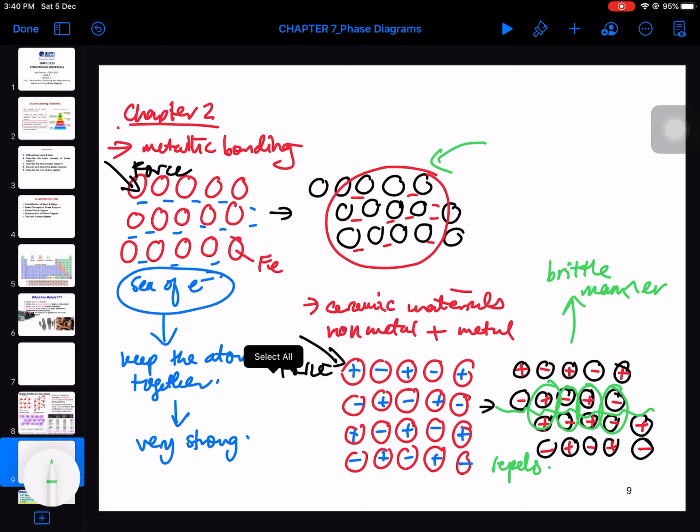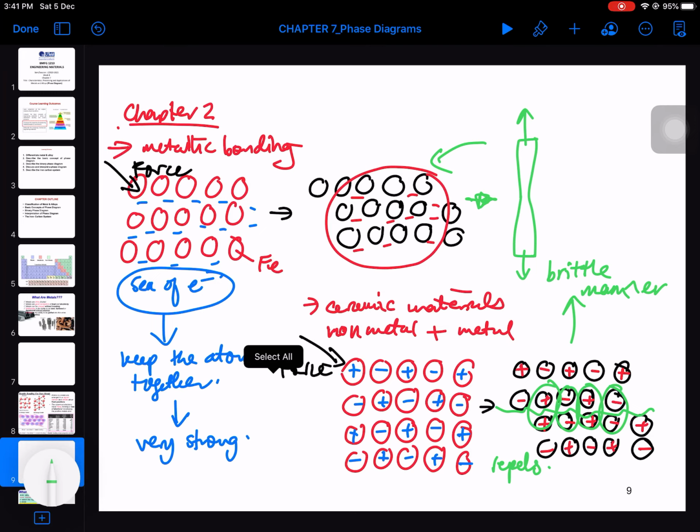Since what holds the atoms together is the sea of electrons, as long as the overlapping of atoms with the sea of electrons is strong enough to bear the force or the load applied to it, it will stay intact even though deformation has occurred. This is what is observed in the necking condition. Remember in the previous chapter, we learned about the mechanical properties of metals.